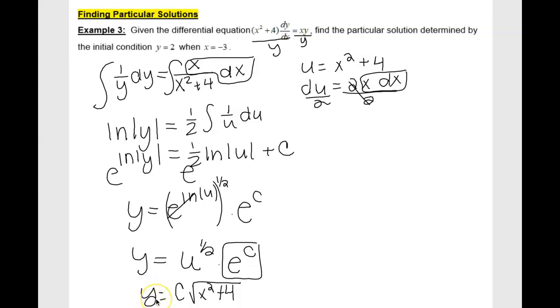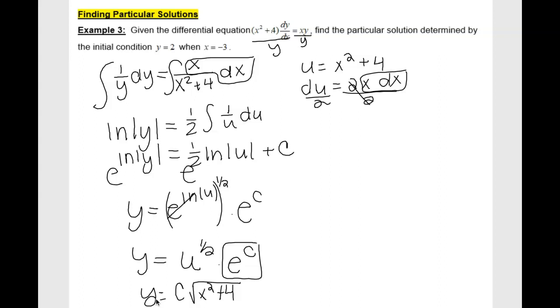And then you can solve for c. And sometimes, honestly, this is kind of gross and messy, right? Plugging in here is going to be gross and messy. You can actually solve for c at any point in time.